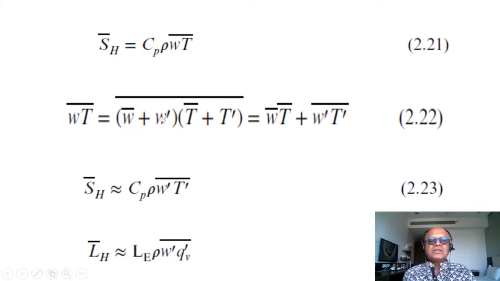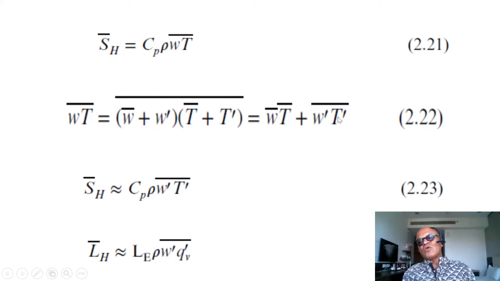By definition, the W prime average is going to be 0 and the T prime average is going to be 0. So the W prime T bar and W bar T prime terms are going to go to 0 when you average. So you're going to be left with the mean advection of the mean temperature and this so-called eddy covariance. Eddy is a term for these small scale motions. Small scale is relative, so I have to be careful.